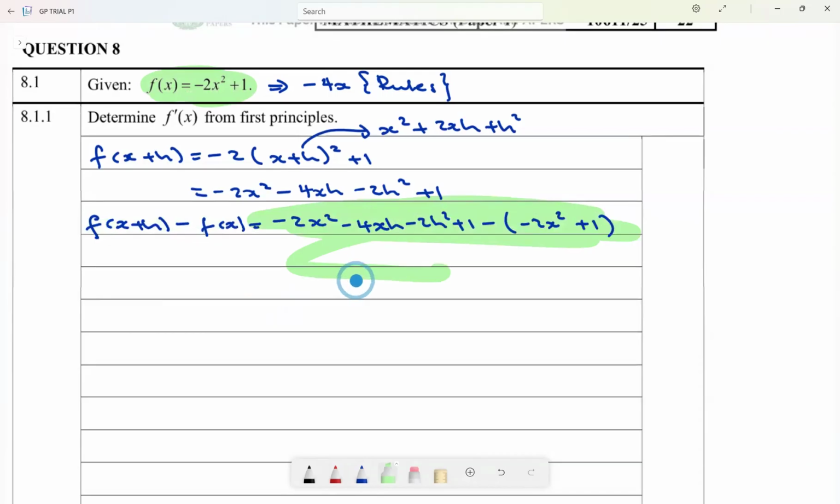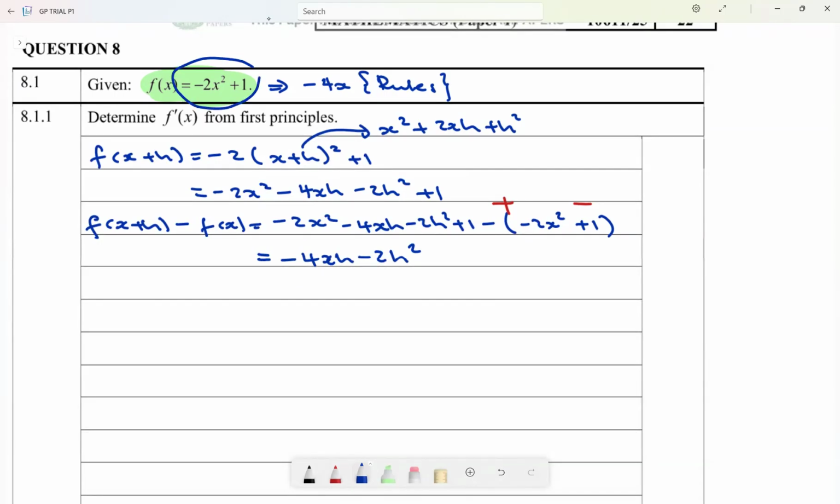So let's see if that's true. Negative by negative will just be plus. Negative by that is going to be minus. So it's going to be negative 2x squared plus 2x squared. It cancels. Negative 4xh with no like term. Minus 2h squared. 1 minus 1, it is 0. Can you see that we no longer have the negative 2x squared plus 1, so it needs to cancel off.